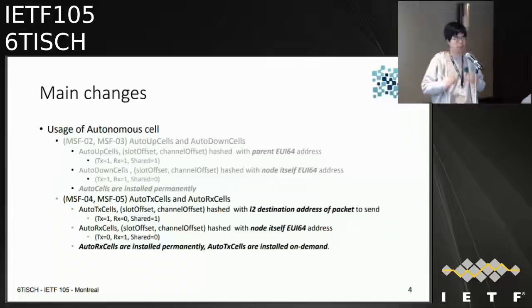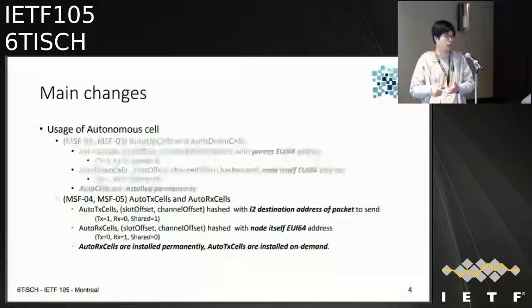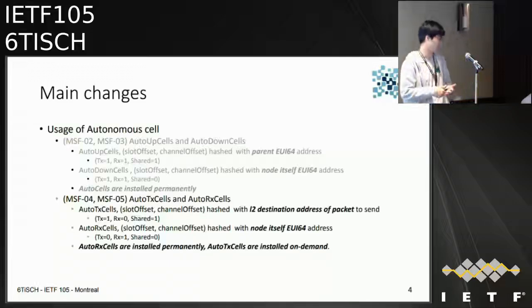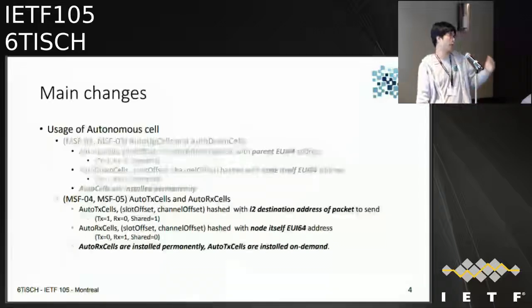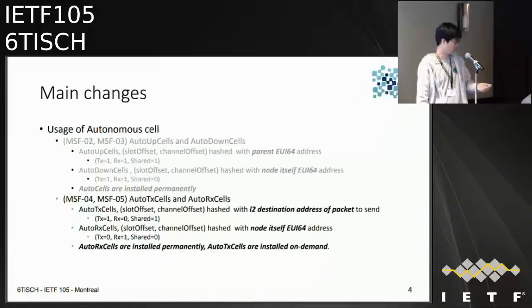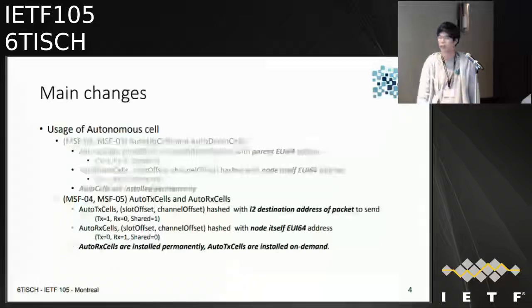The node schedules the auto ORAC cell, and its slot offset and channel offset are calculated based on its EUI, the MAC address. When you have a frame for your neighbor and you don't have any dedicated cell to that neighbor, you schedule the auto TX cell on demand to send out the frame.